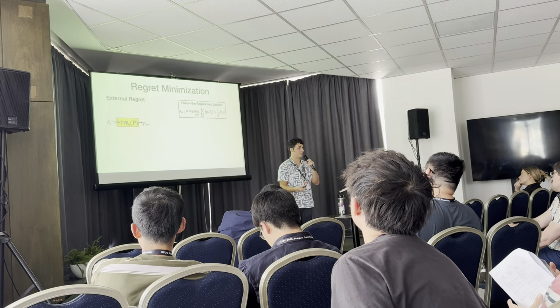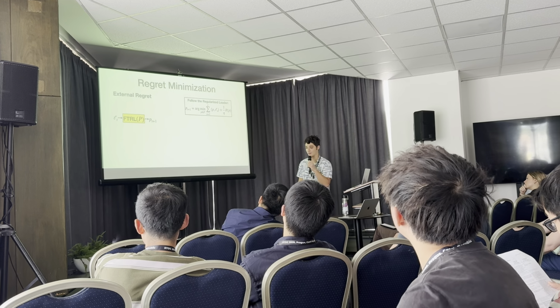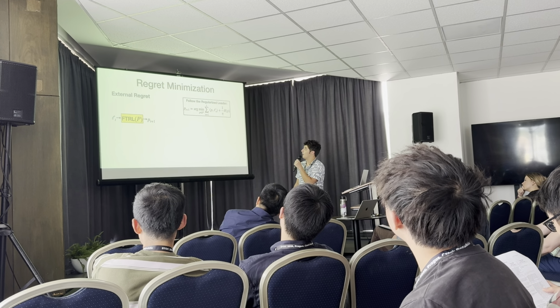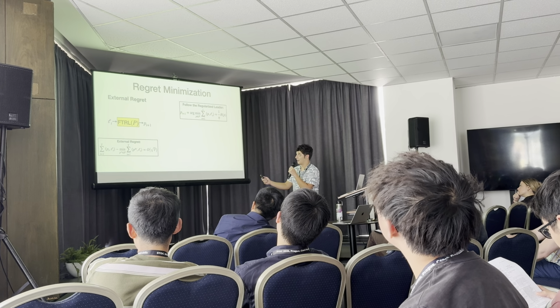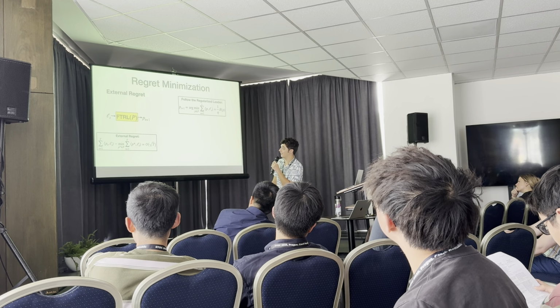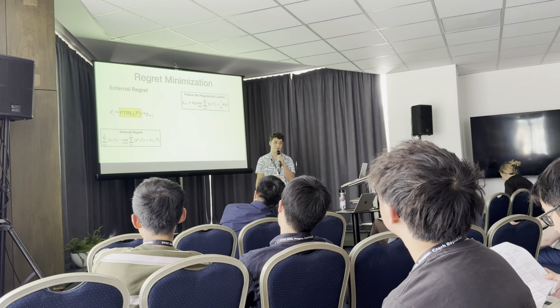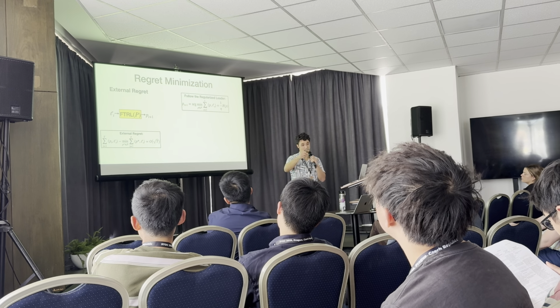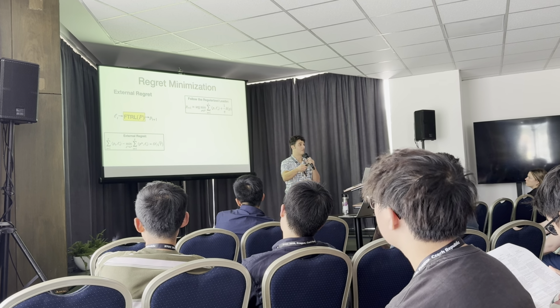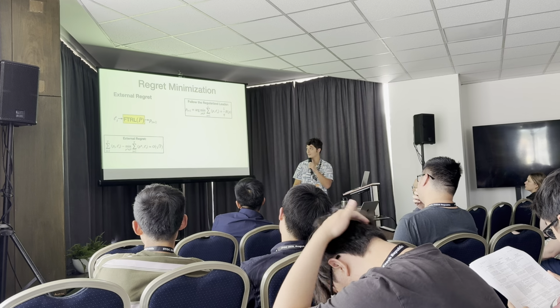You add some strong convexity to add some smoothness to your algorithmic decisions. This algorithm, appropriately regularized, has the guarantee of sublinear, square root of T external regret, meaning that as time goes to infinity, the average regret converges to 0, which is cool.